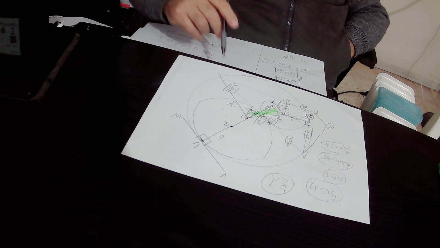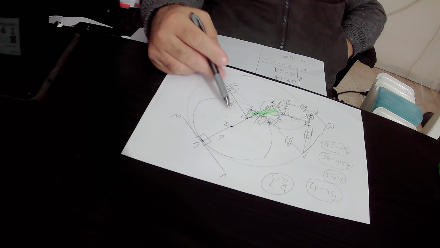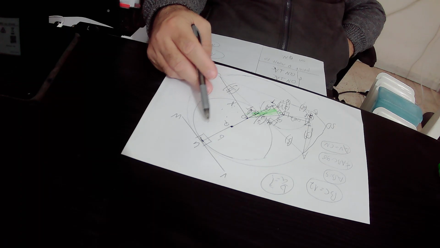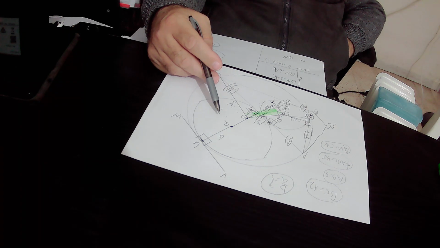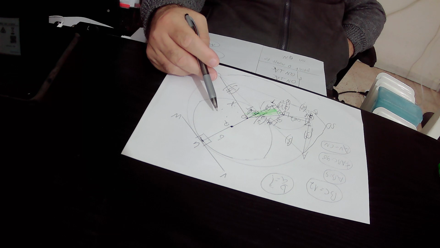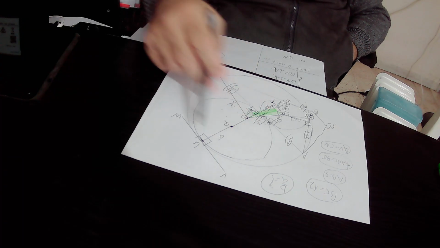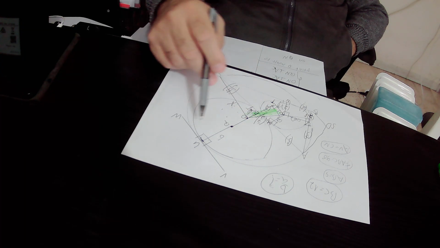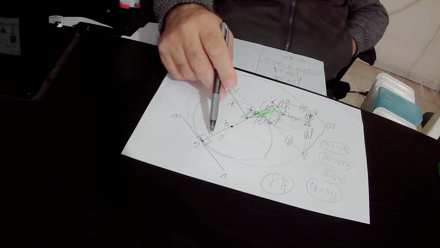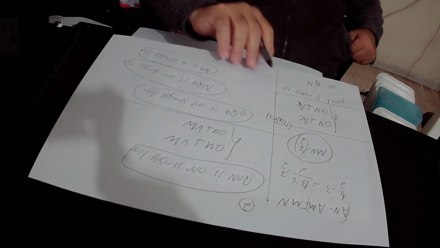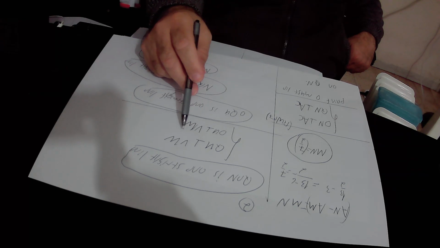Point Q is the center of the circle, point U is a point on the circle itself, therefore QU is the radius of this circle, going to point U. Whenever a radius goes to the point of tangency, the tangent VW will be perpendicular to the radius QU. That is to say, this angle equals 90 degrees, and this angle also equals 90 degrees. Again, the radius QU is perpendicular to tangent VW.